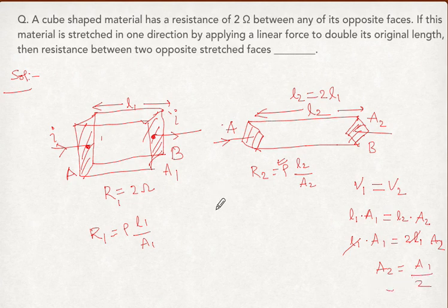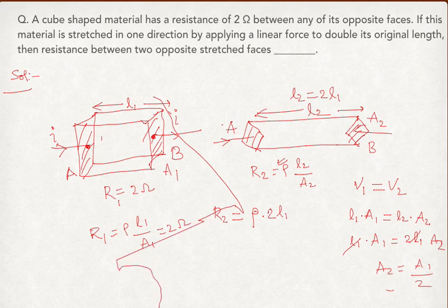So now we have to find the value of R2. R2 will be equal to rho multiplied by L2, where L2 is 2L1, and we have area equal to A2.